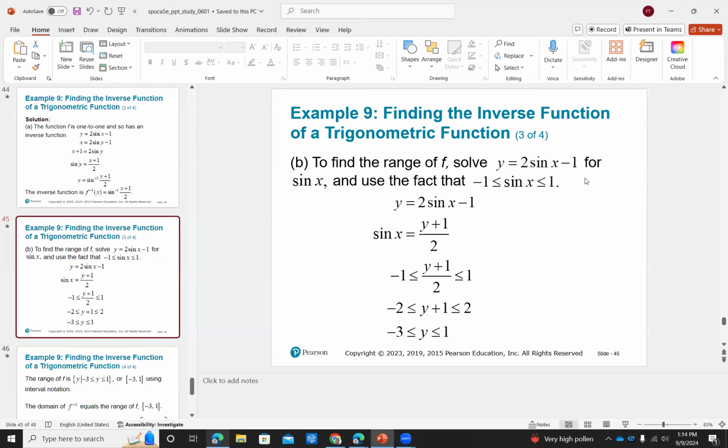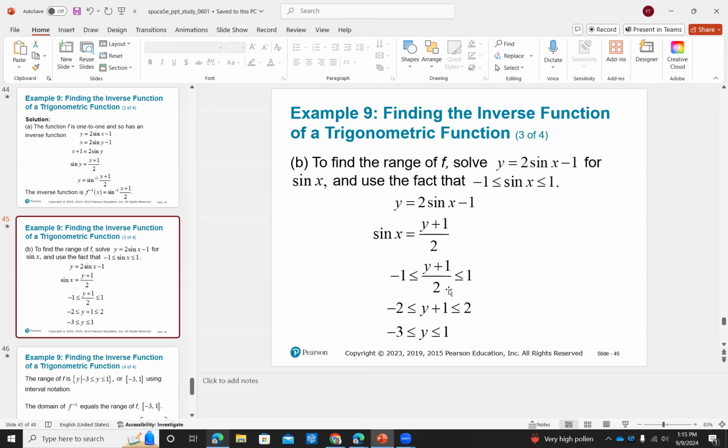To find the range for y equals 2 sine x minus 1, use the fact that sine x can take only values from -1 to +1. We already solved this for sine x, and this is what we get. Because sine x can only take values from -1 to +1, the equivalent expression can only take values from -1 to +1.